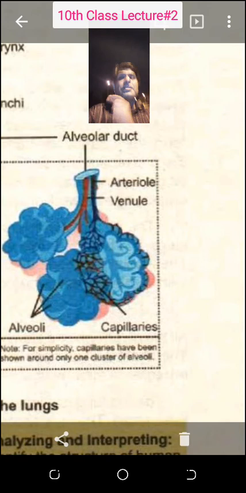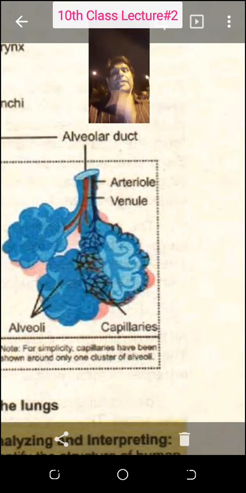These capillaries are important because they are part of the circulatory system, your last chapter in 9th class. The capillaries consist of blood that carries carbon dioxide coming from the tissues, because tissues release carbon dioxide, and that carbon dioxide goes into the blood and into these capillaries. And the carbon dioxide of the capillaries will enter the alveoli cells.